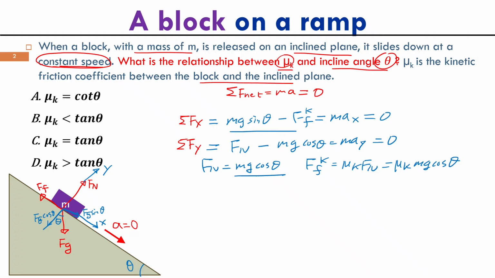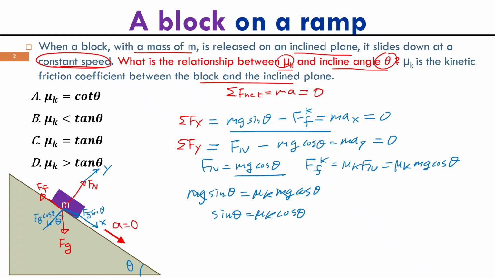And from this equation right here, I know mg sine theta and my friction are the same. In other words, mg sine theta equals mu k mg cosine theta. So if I cancel mg and mg, what I get is sine theta equals mu k times cosine theta.